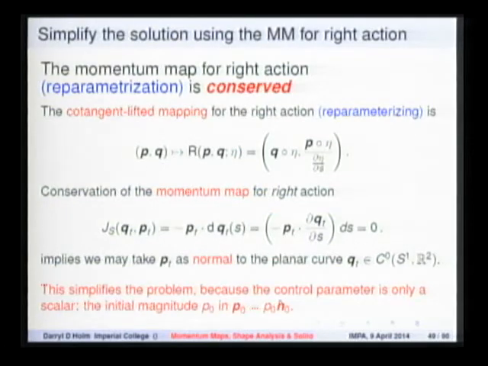We can write that as P dot dq/ds, and we can then set it to 0 because it's conserved. That will mean that the momentum is perpendicular to the tangent. So the only direction for the momentum is in the normal, and that means that our control parameter has dropped down to being a scalar. Okay, so it's very fast for finding the optimal path.